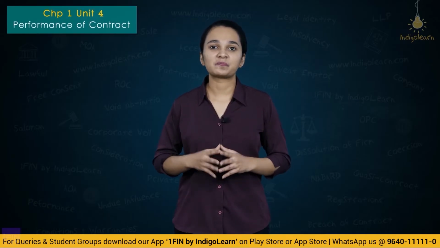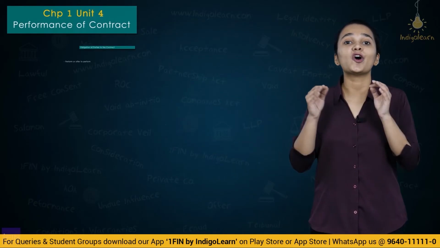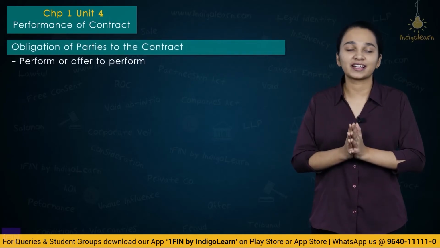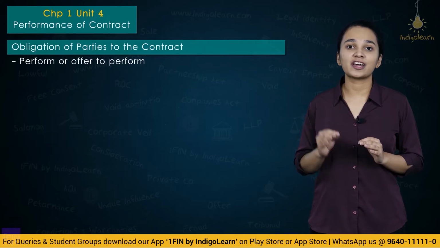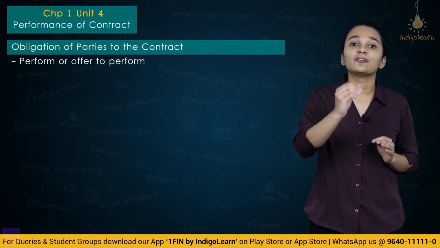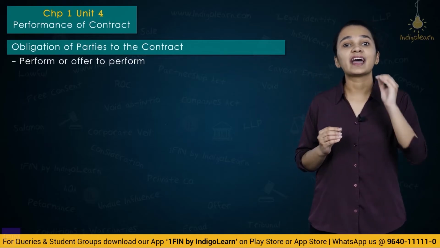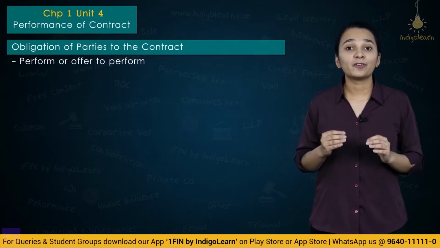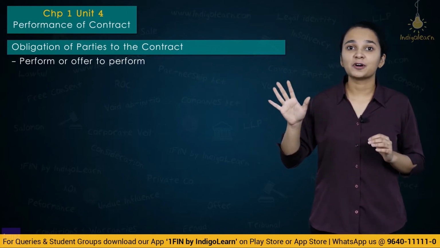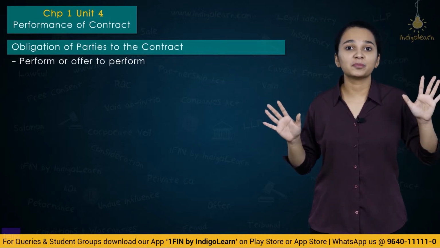Let's quickly summarize the entire Unit 4. We started Unit 4 with the obligations of parties to the contract, and there we understood that the obligation of the parties to the contract is to either perform the contract or make an offer to perform the contract. So performance can either be actual performance or attempted performance.